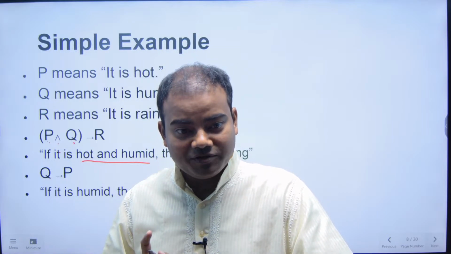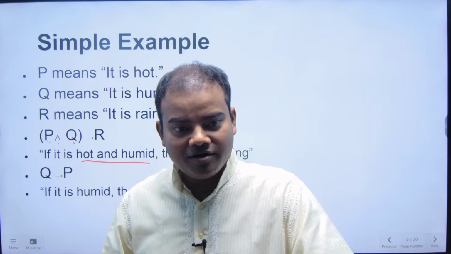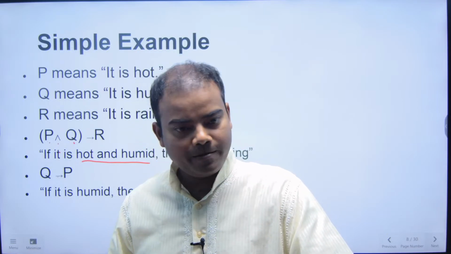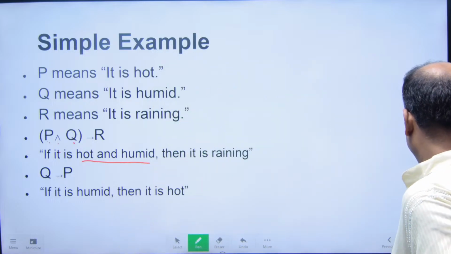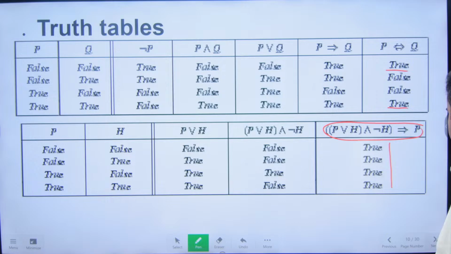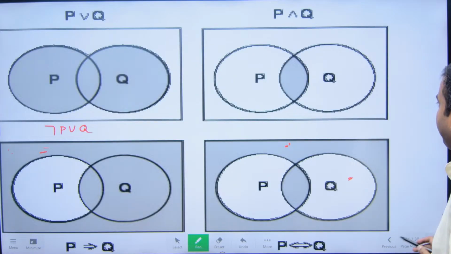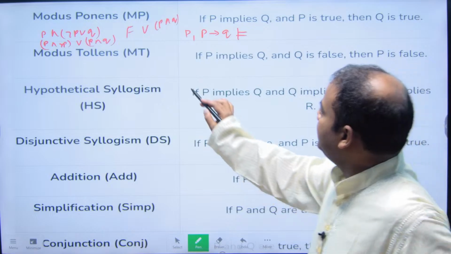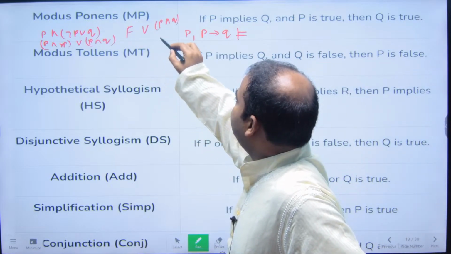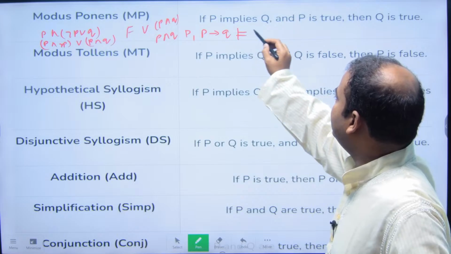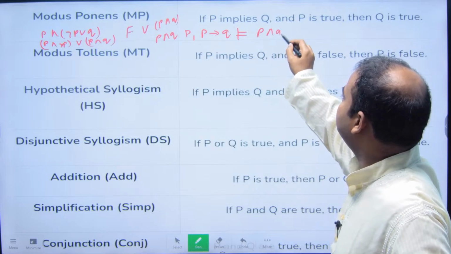So what is 1 here? 1 is true and 0 is false. So what is the conclusion? False or anything is P and Q. So you can say that the conclusion of this is P and Q.